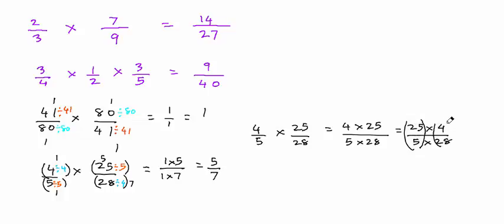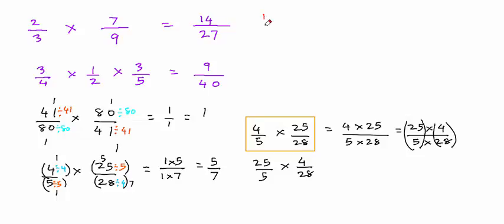Same with 4 over 28, which means this problem out here is the same exact problem as 25 over 5 times 4 over 28. As long as you have the same factors on the numerator and on the denominator, the answer is still the same. How do we then multiply mixed numbers together?